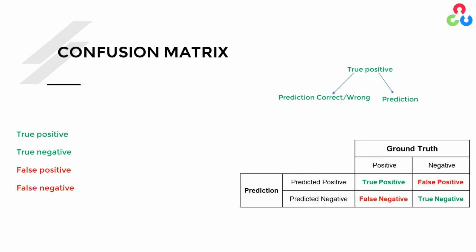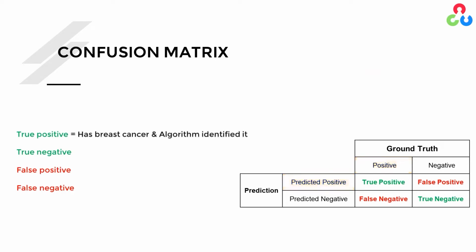So let's look at true positives. True positives are cases when the algorithm is right and the class is positive. In our case, it means that the mammogram shows breast cancer and the algorithm identified it. The next metric is true negatives.